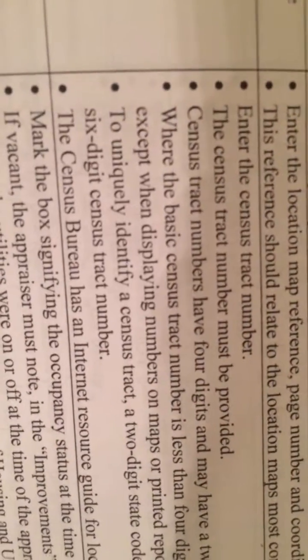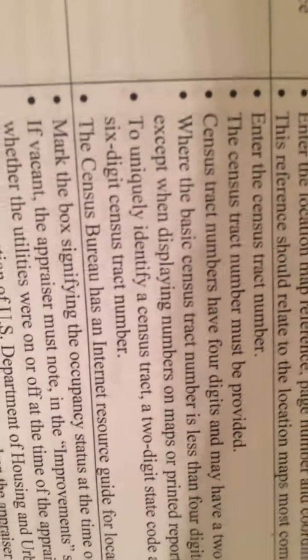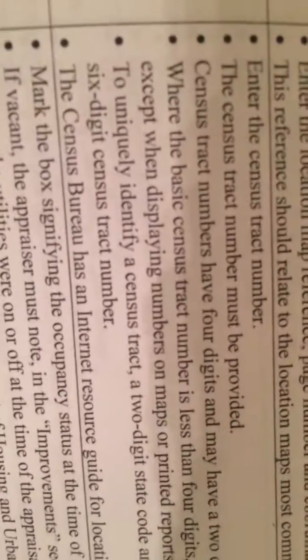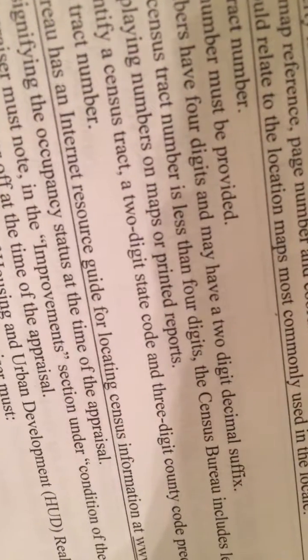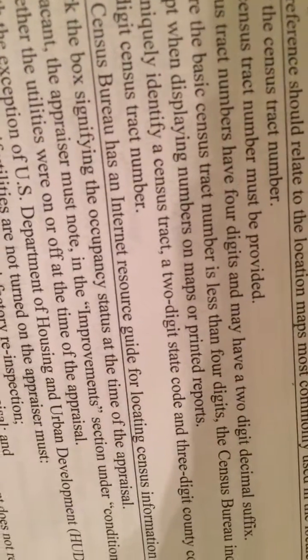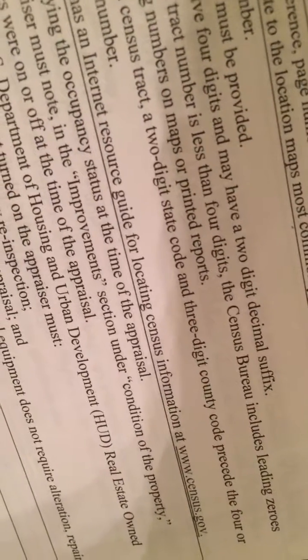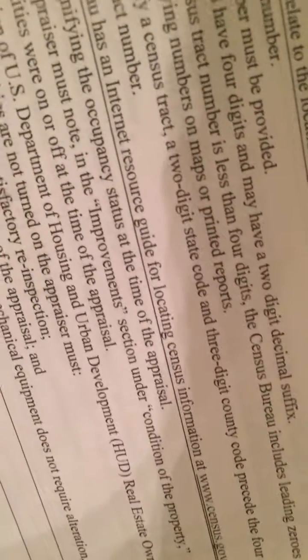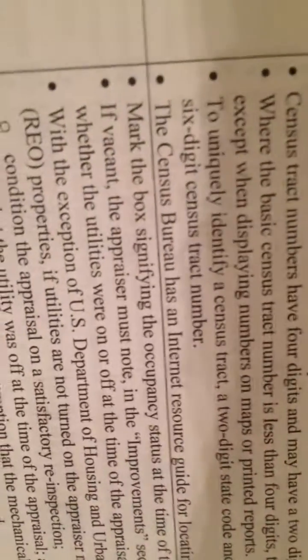Census tract. Enter the census tract number. The census tract number must be provided. Census tract numbers have 4 digits and may have a 2-digit decimal suffix. Where the basic census tract number is less than 4 digits, the Census Bureau includes leading zeros, except when displaying numbers on maps or printed reports.